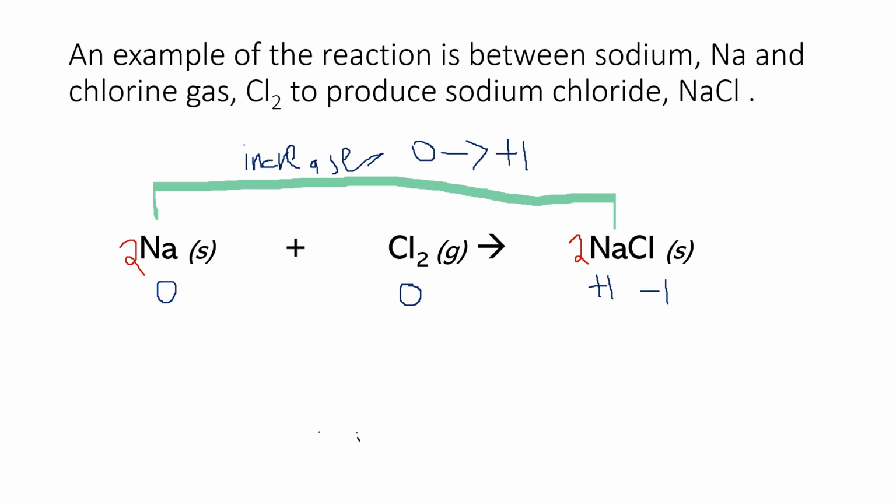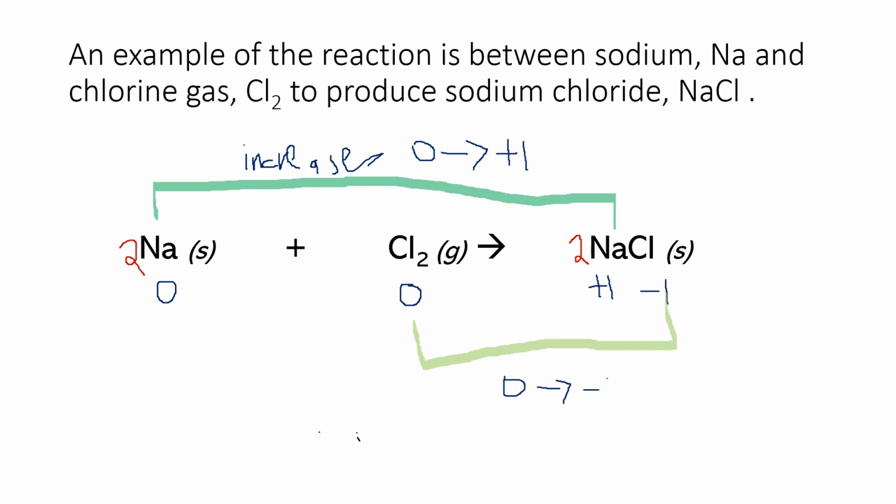Okay, next, what happened to the chlorine? Okay, chlorine kat sini oxidation number from 0 to negative 1. So there's a reduction in the oxidation number of chlorine from 0 to negative 1.